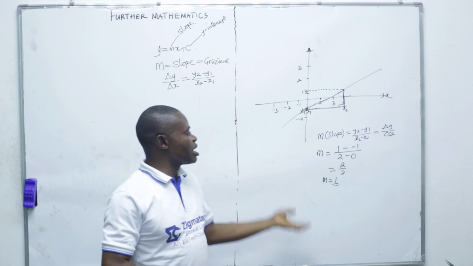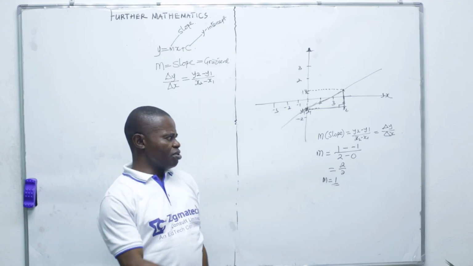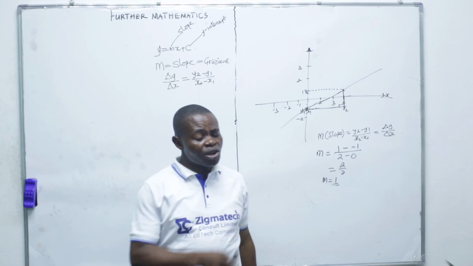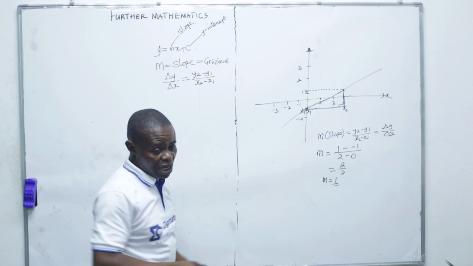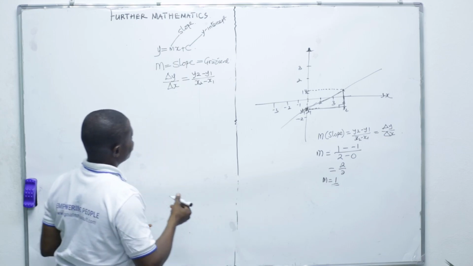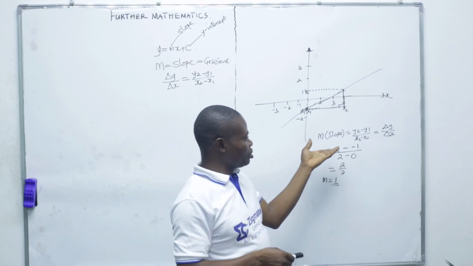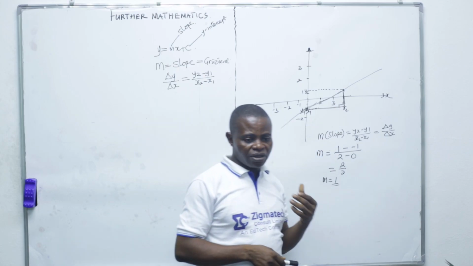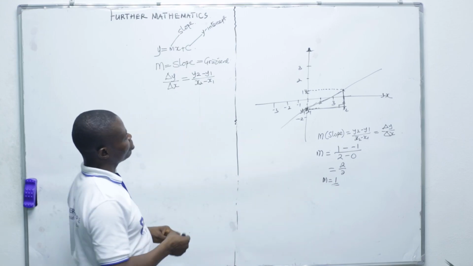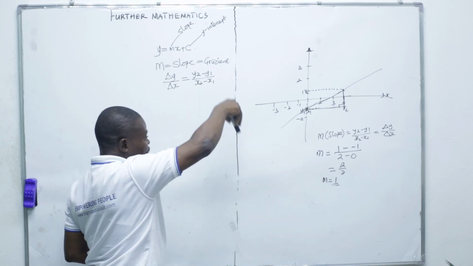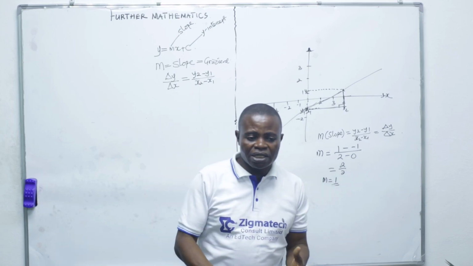If I have 1 as my gradient and I am interested to form an equation from this, you can easily do that. Recall that y equals mx plus c. Am I communicating? Yes. If y is that, remember your what? The value of your x1, the value of your y1. But if the question is given in a plain way, maybe creating two coordinates.